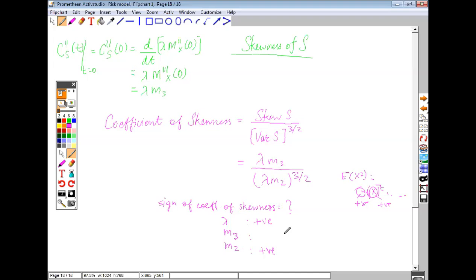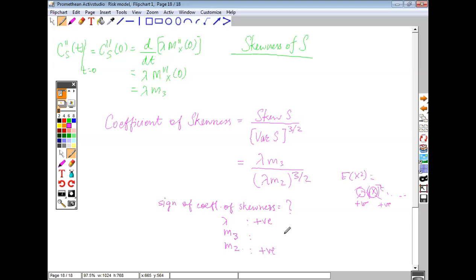Ma'am, then by the same logic, M3 will be negative. M3 will be negative. Why? Because then it will be raised to 3. Maybe it will be expectation of x cubed, so it will be raised to 3. All right, I mean it will be positive for positive numbers, and negative for negative numbers.